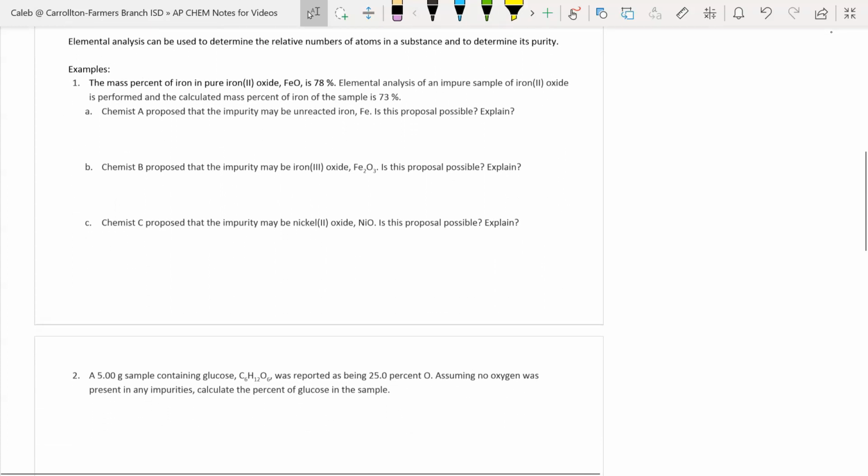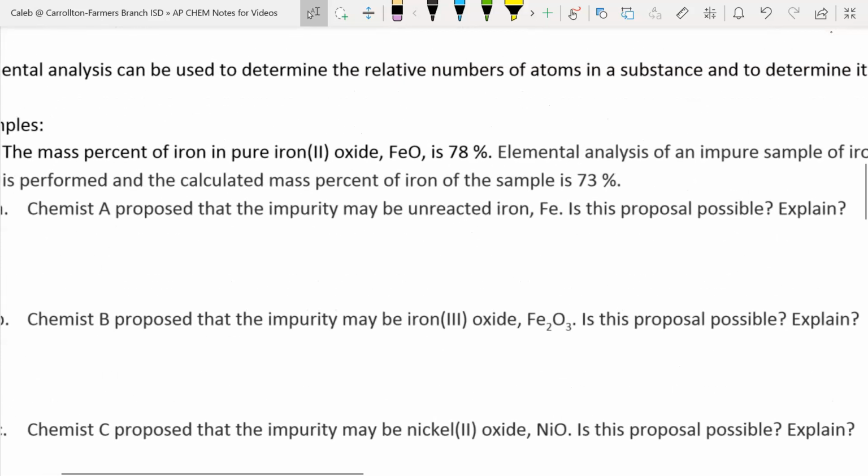Elemental analysis can also be used to determine the relative amount of atoms in substances to determine their purity. So we can analyze a mixture using elemental analysis. Let's look at some examples. The mass percent of iron in pure iron(II) oxide is 78%. That's a fact we are giving you.